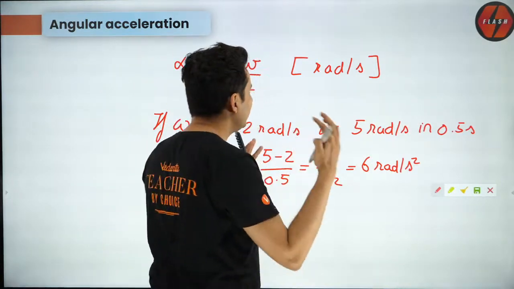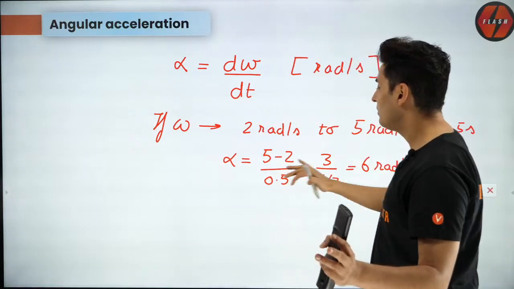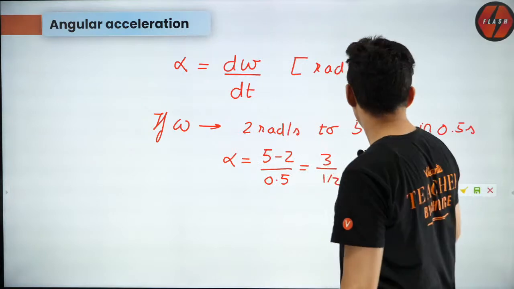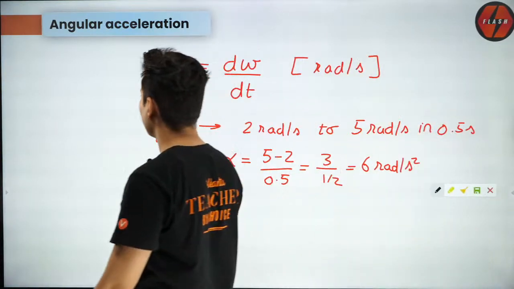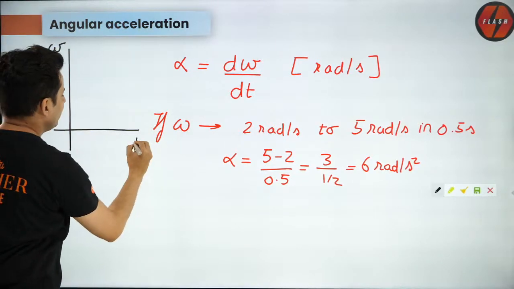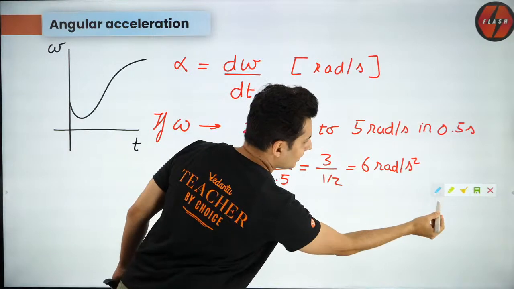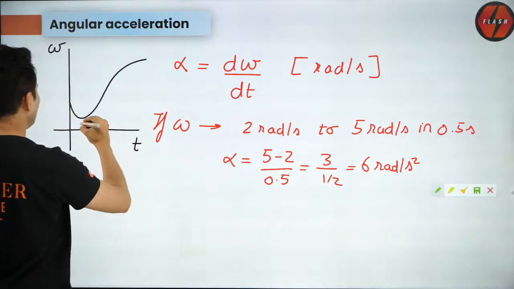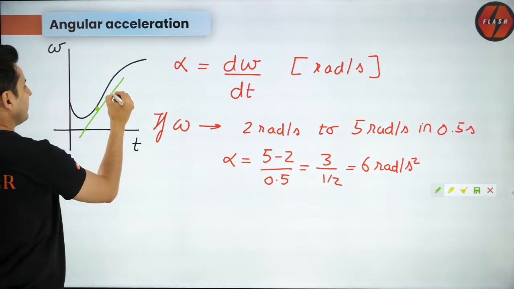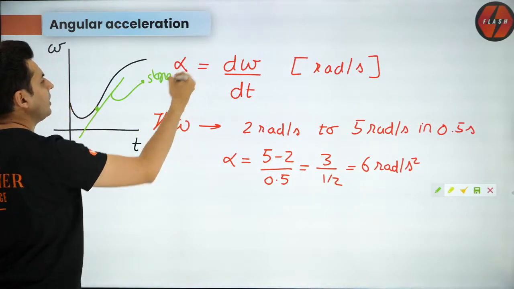Now that we are talking about non-uniform circular motion, understand alpha will not be 0 and omega will not be constant, it can vary. I also mentioned that if you have a graph of omega versus time, and you draw a tangent at some point, then the slope of that tangent is also alpha.